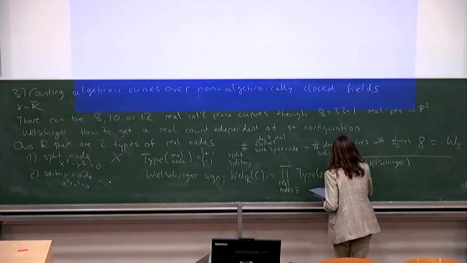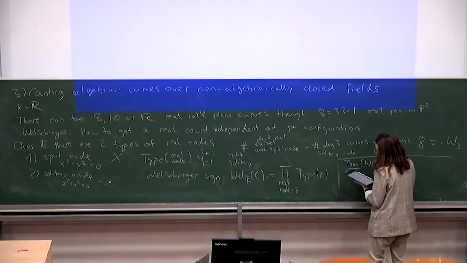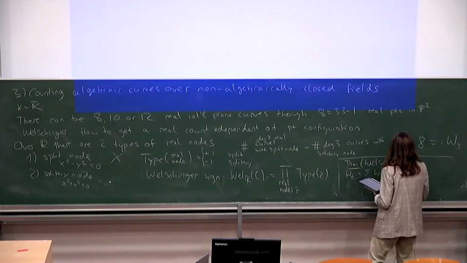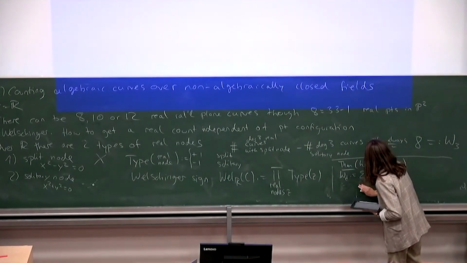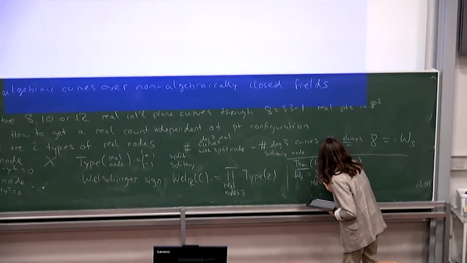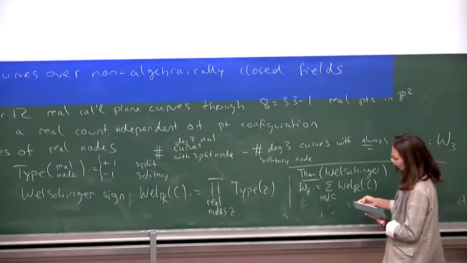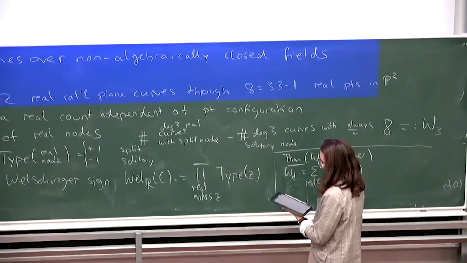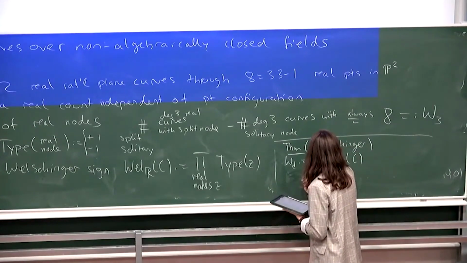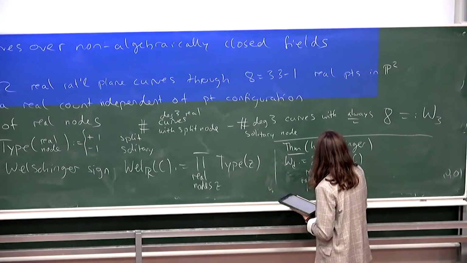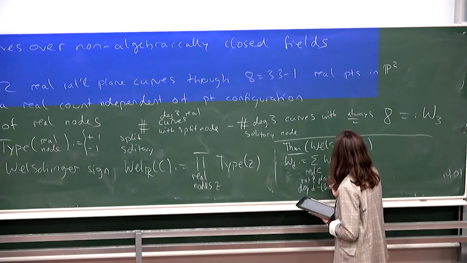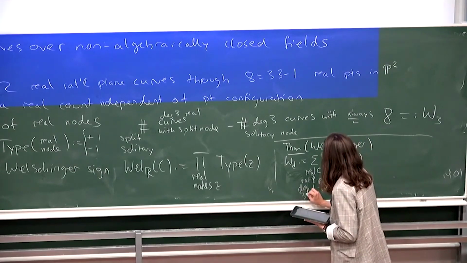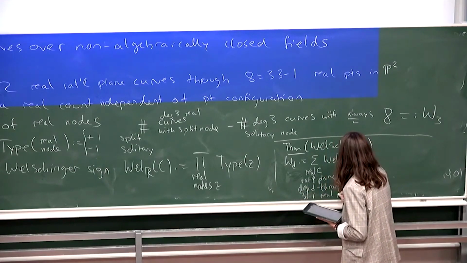Let's call it W_D, which is the sum over all of these Welschinger signs, where we sum up over all the real rational plane degree D curves through 3D minus 1 real points.